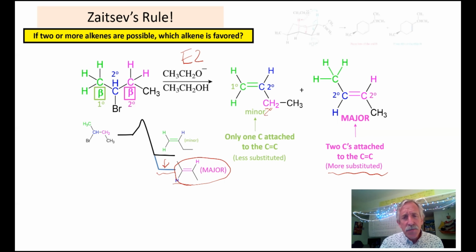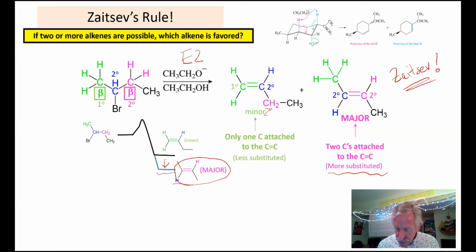Where we've seen this before is a few video lectures ago, when we started looking at eliminations of our cyclohexene. In this slide, we just said you could make either one from the pink or blue hydrogens. And now Zaitsev to the rescue. I would hope that you would look at both of these alkene products and start labeling. The alkene here is attached to 3 carbons, tertiary. The alkene here is attached to 2 carbons, that's a secondary.